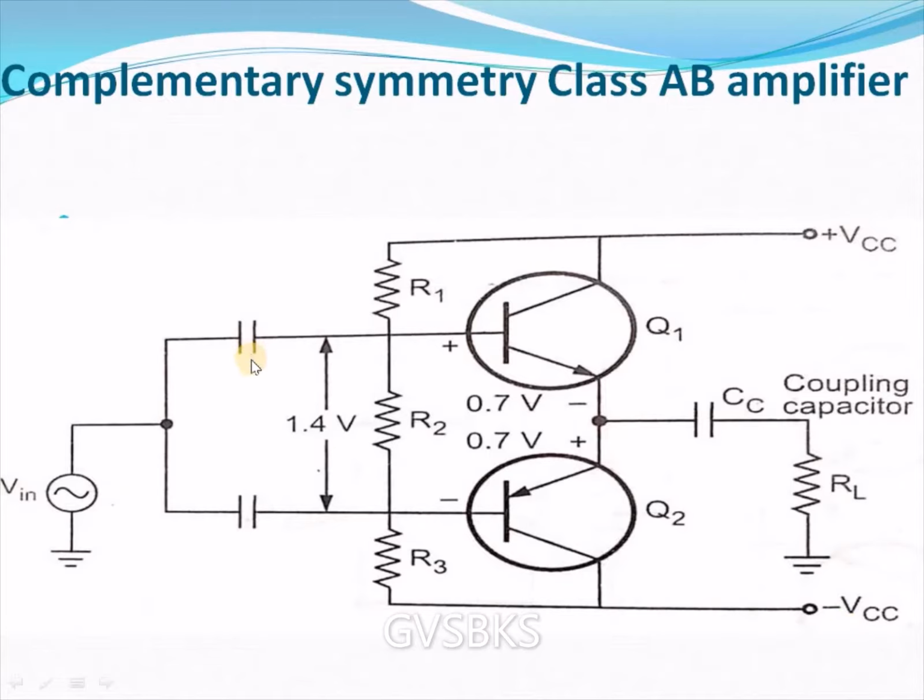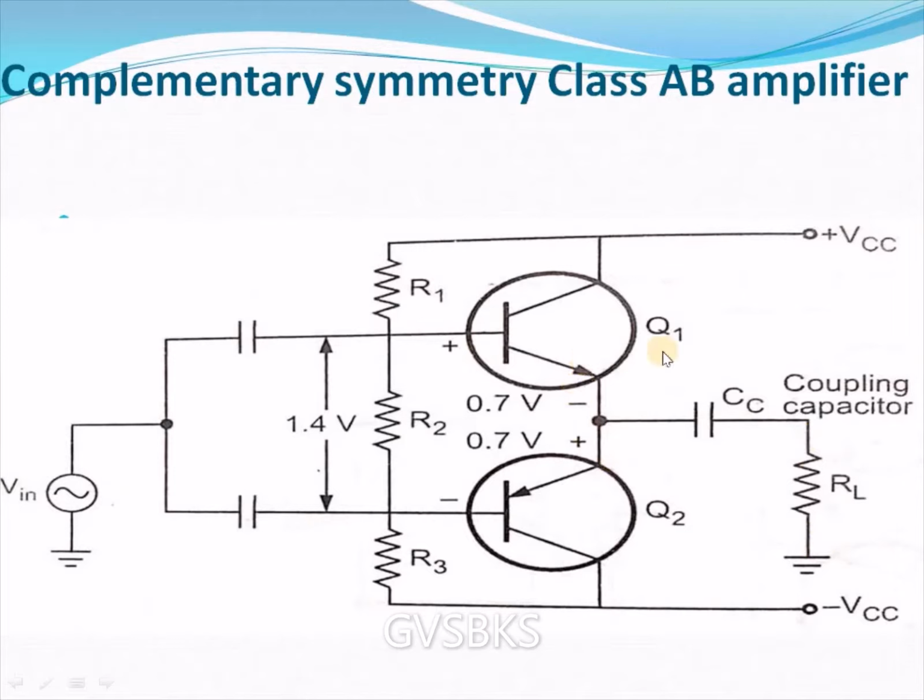These are input capacitors, which block the DC voltage and allow only the AC signal from VIN to the bases of the transistors. And from the emitters of Q1 and Q2, we are taking the output signal via a coupling capacitor CC, and here RL is the load resistor.